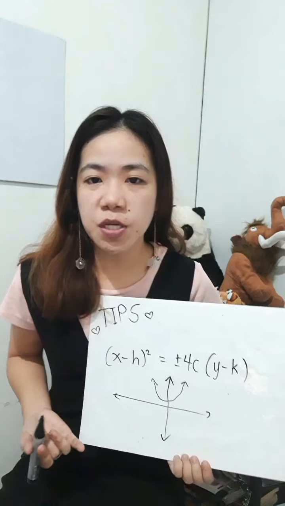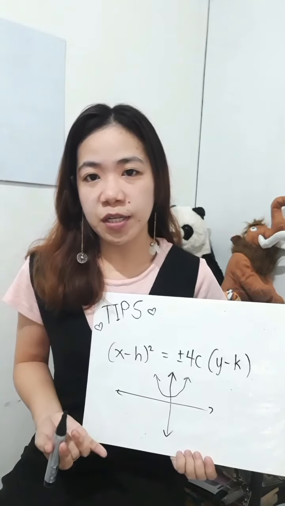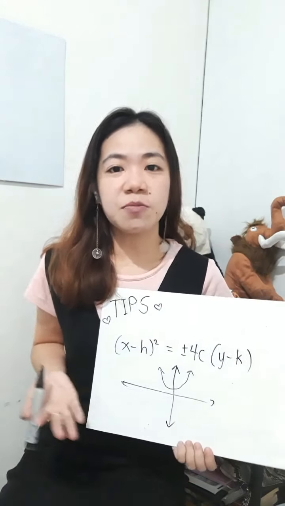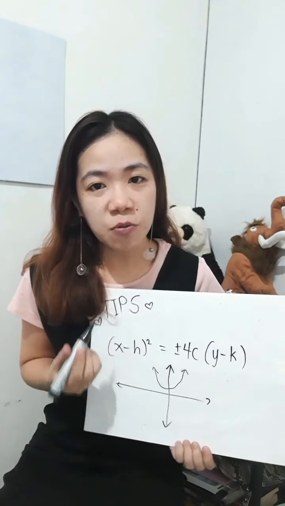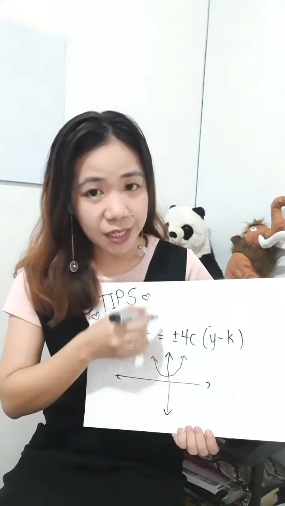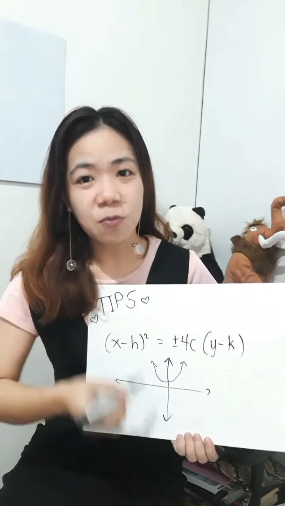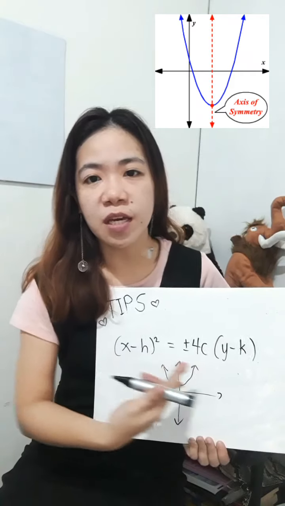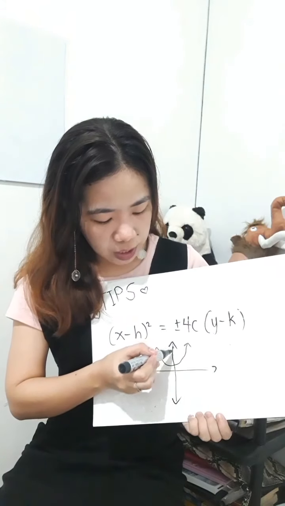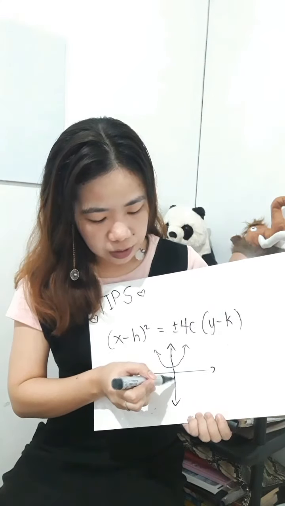Where can we see the axis of symmetry? Recall, the axis of symmetry divides the graph into two equal parts. So that is on the y-axis, or parallel to the y-axis if we move the graph. So in this case, let's say that it's the y-axis.